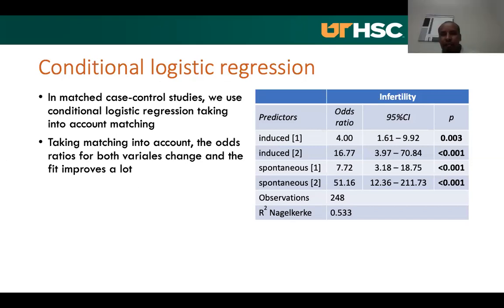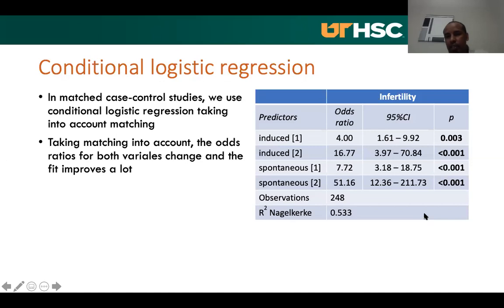For those having 2 or more previous spontaneous abortions, the odds ratio actually jumps to around 50 times. So those who have 2 or more previous spontaneous abortions have about 50 times higher risk of infertility.